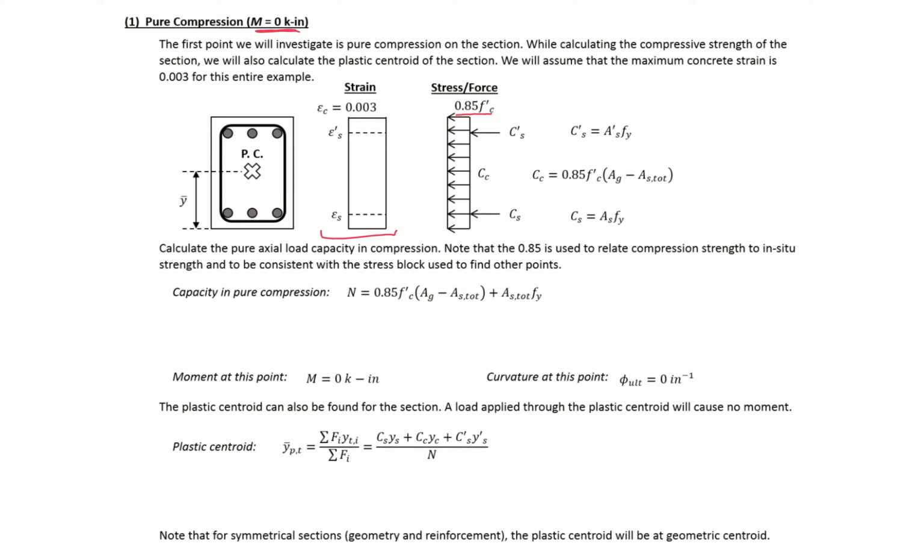So the first thing that we need to do is we can either calculate our individual forces.